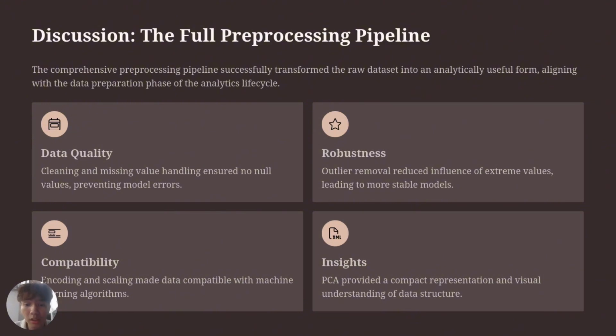Outlier removal leads to more stable and reliable model training, making the models less sensitive to extreme unusual cases. Third is compatibility. Encoding and scaling make the data universally compatible with all required machine learning algorithms. And the fourth is insight. EDA, correlation, and PCA provide immediate visual understanding of the data structures, which will inform our choice of algorithm moving forward.